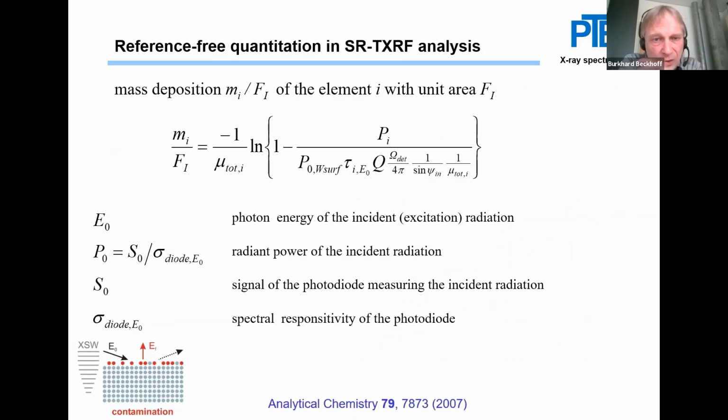And I don't want to go into the details of this equation, just to give you a flavor of the principles. This is a Sherman equation that is well known in X-ray fluorescence analysis. There are basically 2 differences to standard XRF analysis. One is the modification of the excitation conditions by the X-ray standing wave field.